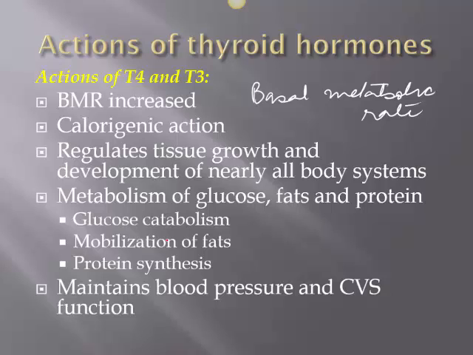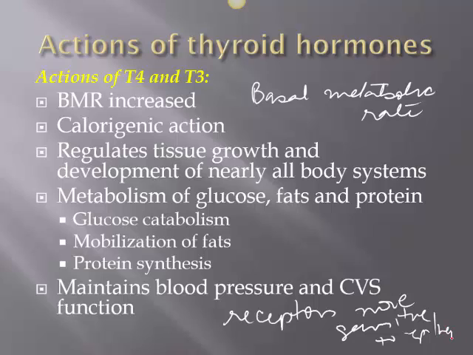That's how it helps in skeletal and muscular growth. All tissues. It also helps with blood pressure, because it makes the receptors on your blood vessels more sensitive to epinephrine and norepinephrine.